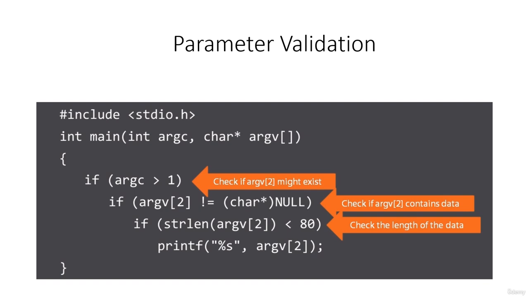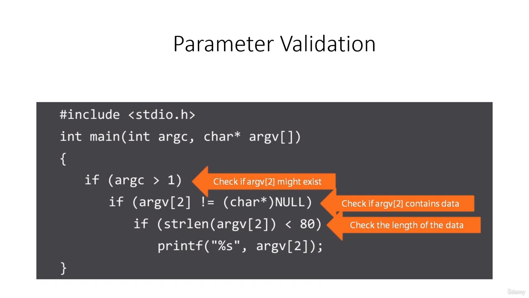Parameter validation: input validation performed inside a function is called parameter validation. This is because data is passed to a function in the form of function parameters. In this code example we can see a tiny C program that contains two function parameters, argc and argv. This program displays the value of the third element in the argv contents, an array, which is the second argument passed to the program on its command line.